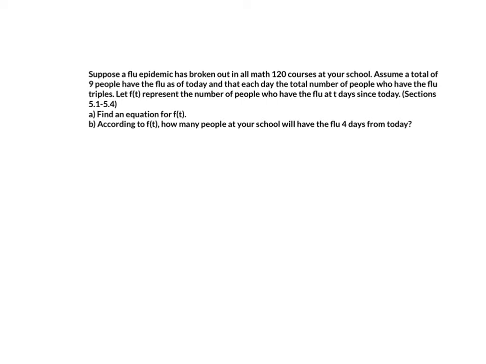First thing we want to do is find an equation. So we have our f of t, for flu, equals a times b raised to the t. What is our base multiplier? Well, the word that shows multiplying is the word triples.